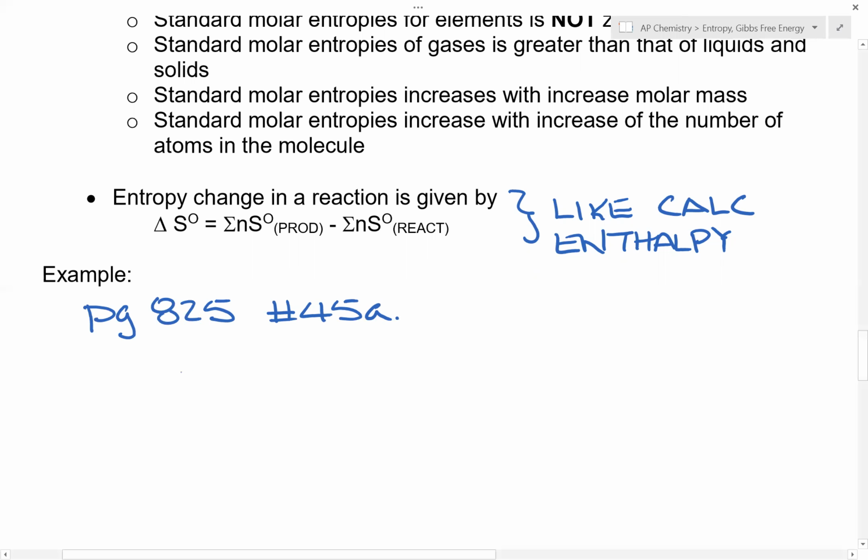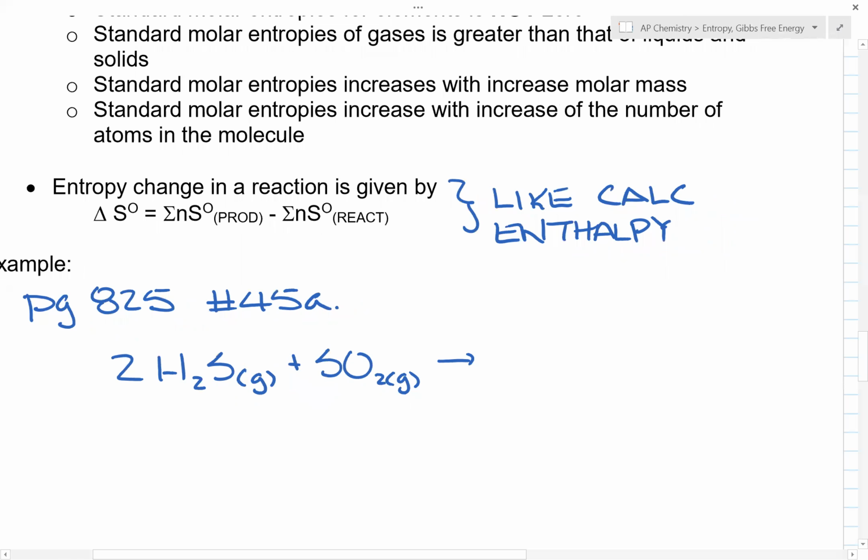So you have 2 H2S plus SO2 gas gives us 3 sulfur solids and 2 waters.